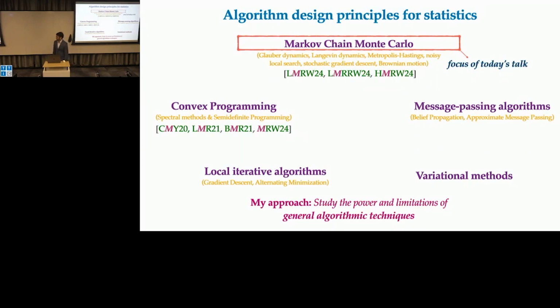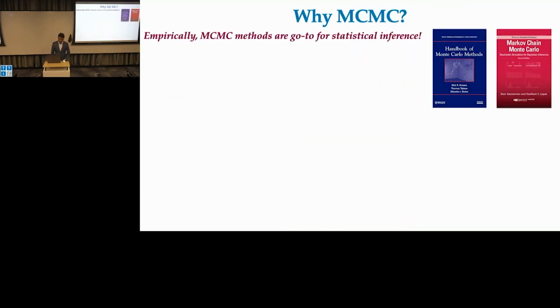And in today's talk, I will focus specifically on the subclass of Markov chain Monte Carlo, or MCMC algorithms. Before I get into them, I want to spend a slide saying why we chose to study this particular class of algorithms over all the choices. First of all, these methods are, in some sense, the go-to algorithm for statistical inference problems in practice.